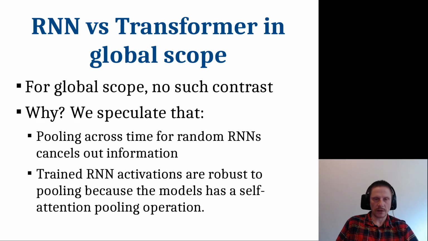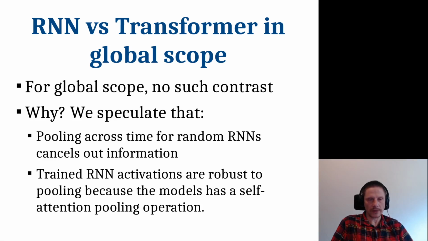This information is lost. However, once we train an RNN, then these activations become robust to pooling because the model has a self attention pooling operation as part of its architecture. So via the process of learning, these local representations become such that after pooling them, they still contain useful information, because that's what the model needs to learn in order to perform the task that it's trained on.